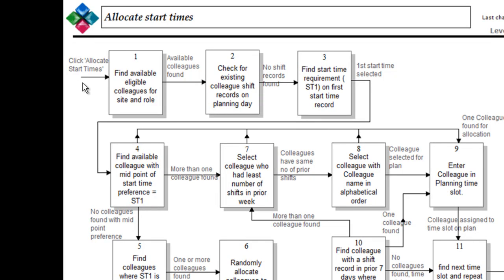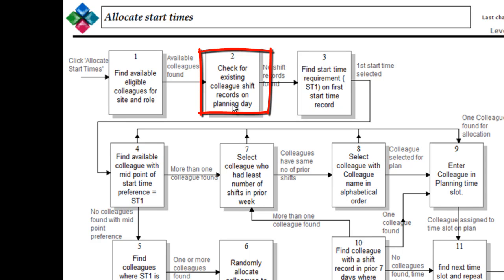First thing that happens when you click Allocate Start Times is the system automatically finds all the available eligible colleagues for the site and for that particular role. Once those colleagues have been found, then in box 2 we're checking to see if there are any existing colleague shift records on the planning day.